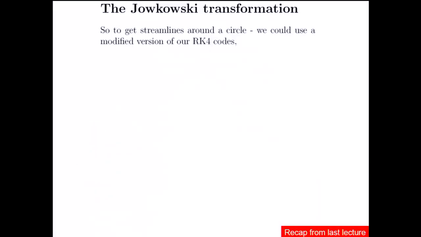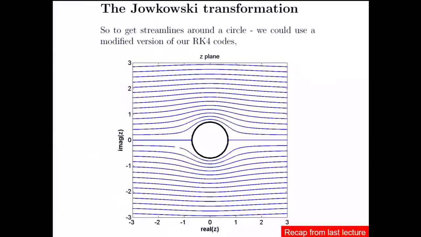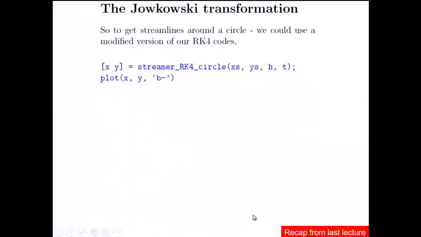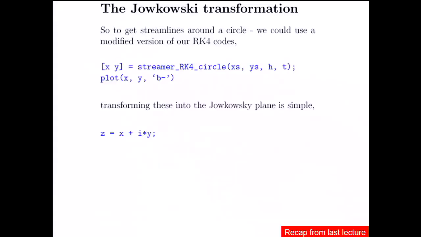So how to get the streamlines around the circle? We could use our RK4 code written in MATLAB. So this is just an example of how to plot it in MATLAB. The blue lines are the streamlines. And then transforming, just as what I said before, you get Z coordinate using this relation. X is the real axis, and Y is the imaginary axis.